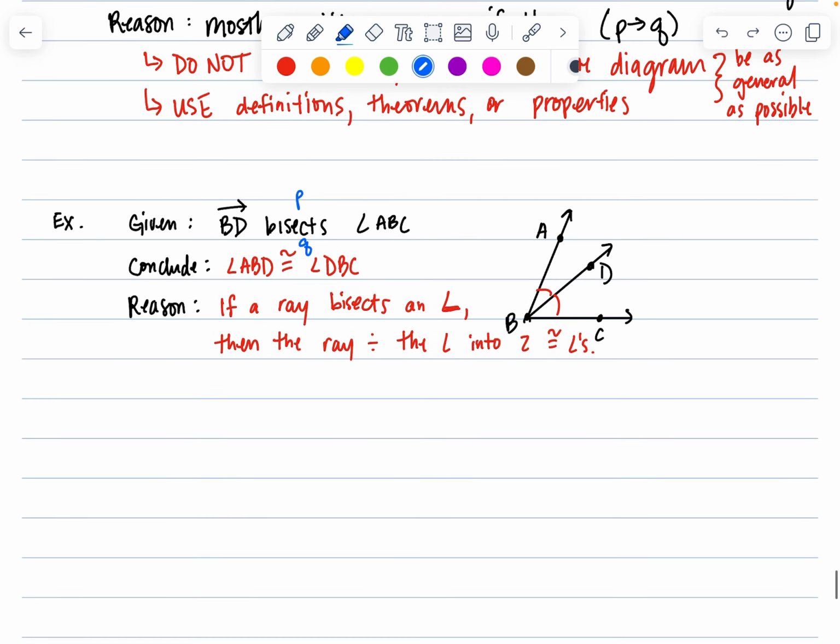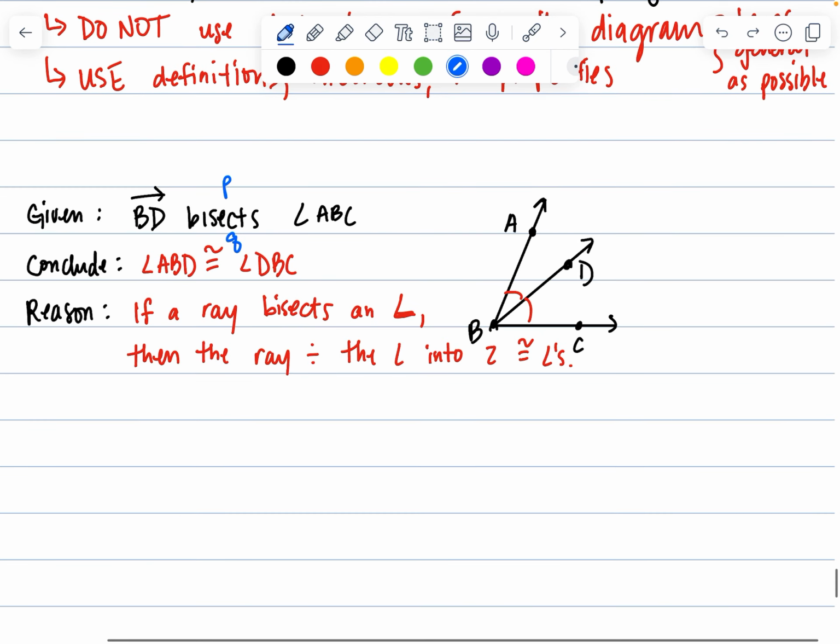Okay? Remember, this is specific to the diagram, and we want to be as generic as possible when it comes to the reason. Nowhere in the reason do I actually mention A, B, D, or C, or angle names. Now, if you want to, and I highly suggest this, you can name this angle 1 and angle 2. And this could be an alternate conclusion: angle 1 is congruent to angle 2.